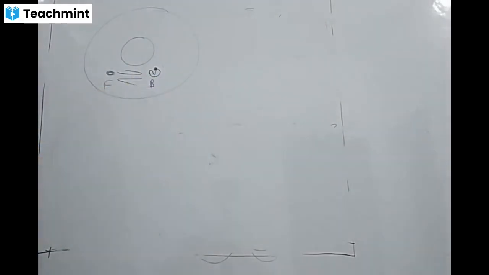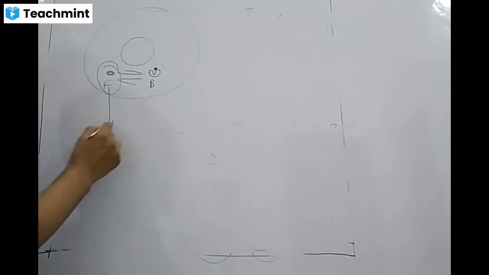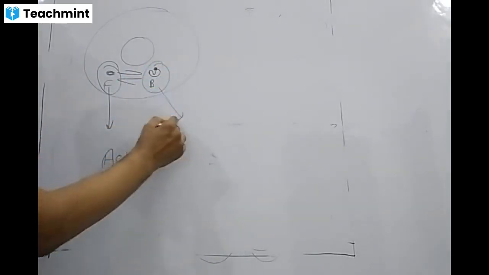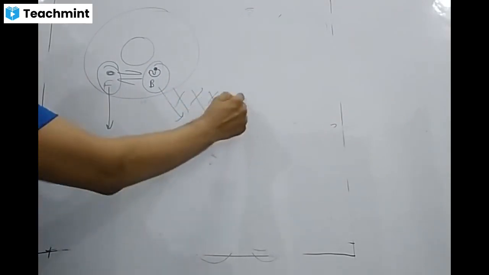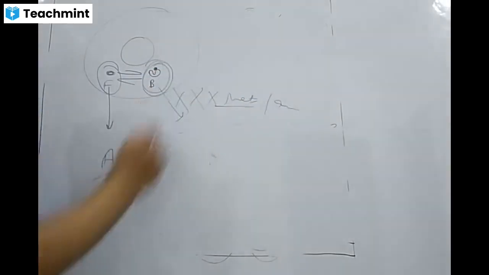This is the bound form. Only the free form is able to cross and produce its action. The bound form will not cross the membrane, will not be metabolized, and will not be excreted because of the bound nature.